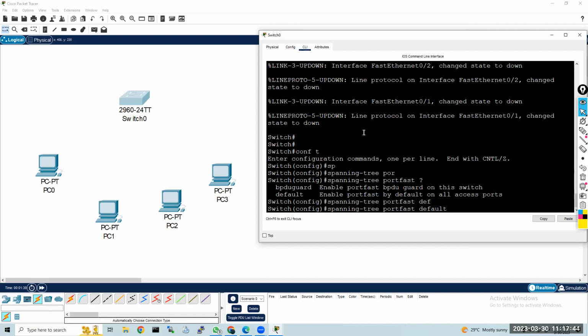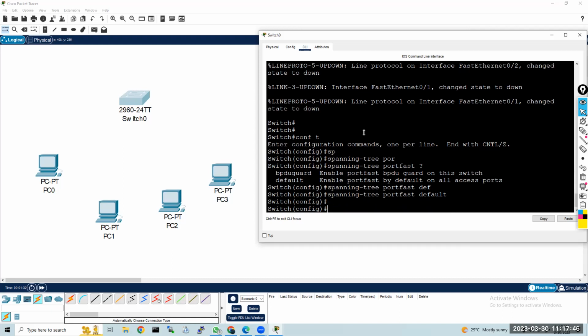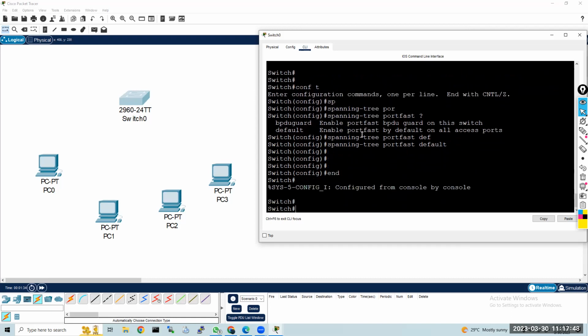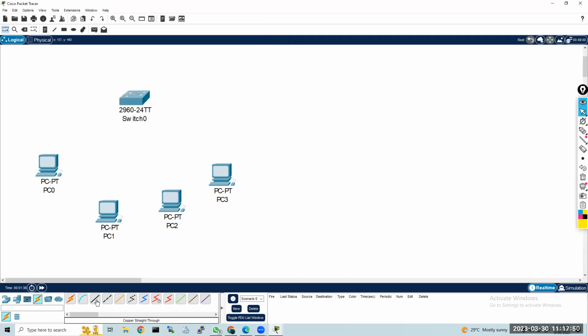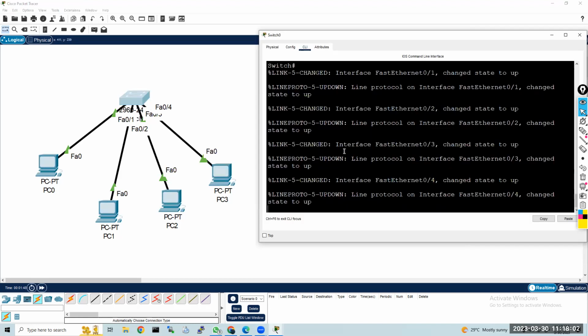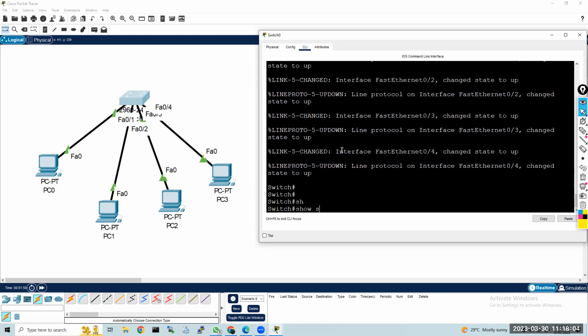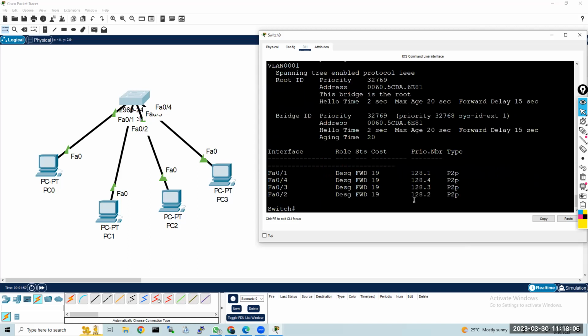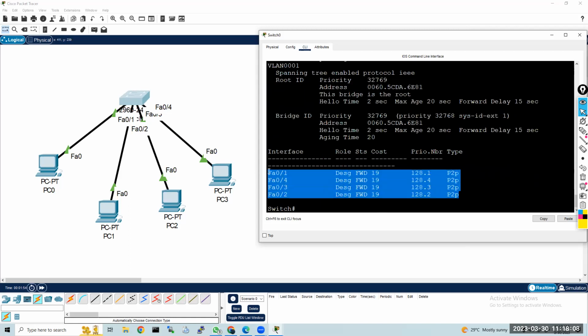That is the job of PortFast. Now if you issue this command, see the connection, guys. It will come up now. See, no listening or learning, it comes up directly. Show span. It has become very fast, right?